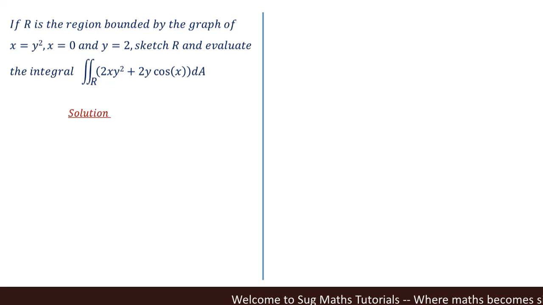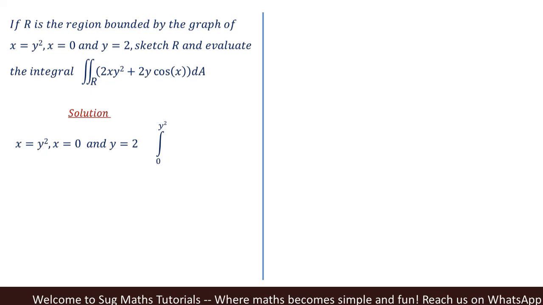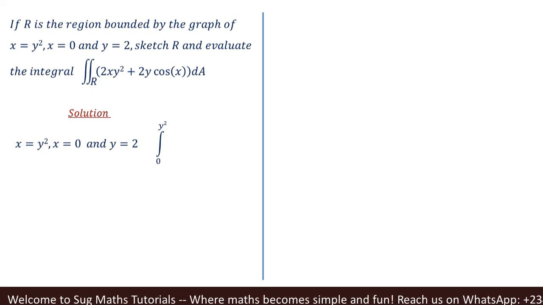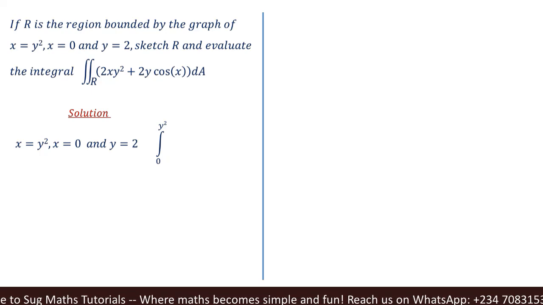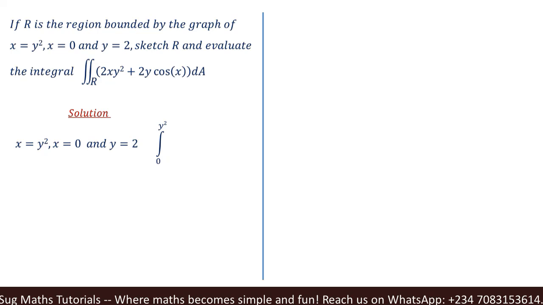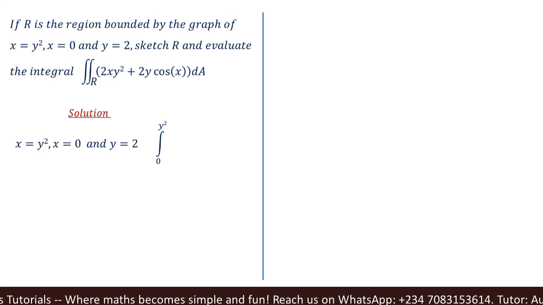Now let's take a look at the information that we have from the question. From the information, we see the boundary of this region. The region is bounded, so we have a boundary for the particular region. We have x equals y squared and x equals 0, meaning we have two values where x begins and where x ends.